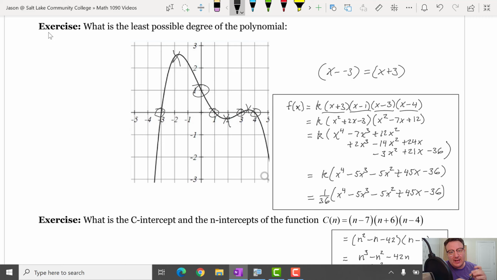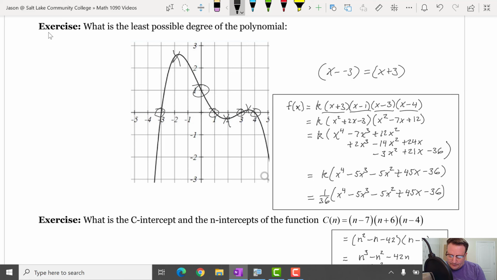What it's going to do is allow us to get the polynomial to have a y-intercept of 1. I've expanded this out here, and you can follow along if you want. You see that I get k times x to the 4th minus 5x cubed minus 5x squared plus 45x minus 36.